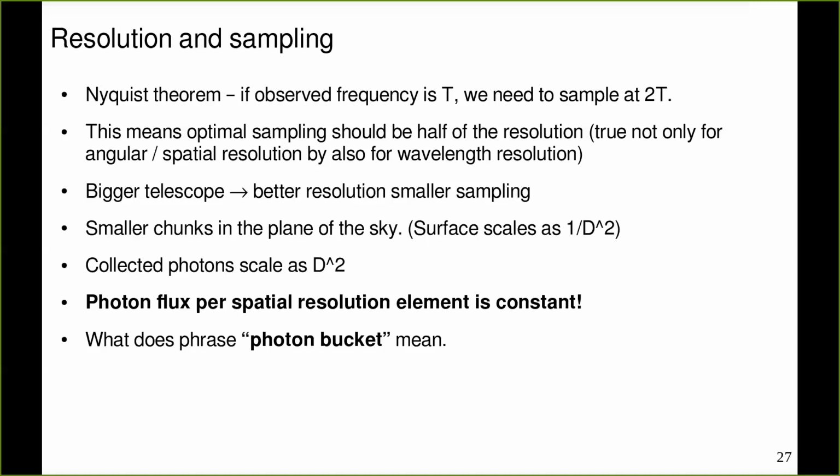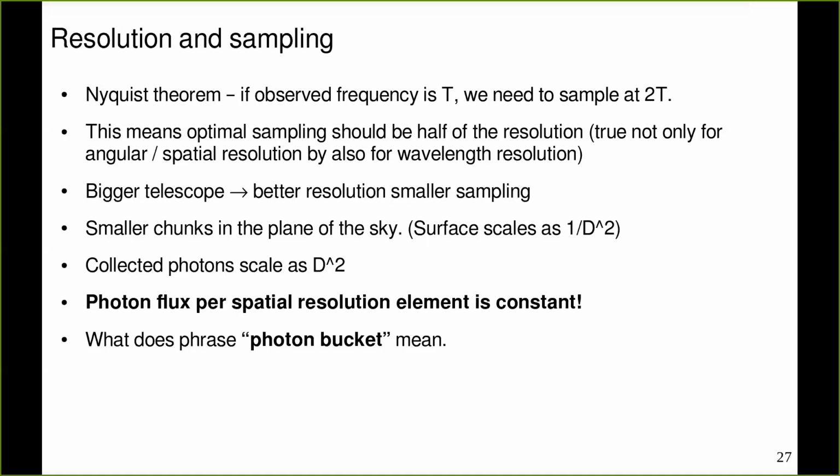And that's something that you will hear very often from people. They say, okay, we're going to use this telescope as a photon bucket. Using something as a photon bucket is a colloquial way to say, we're not going to go to the maximum spatial resolution, but instead we're going to use the fact that we have a big telescope to collect more photons to have actually better signal to noise at the same size of the chunk.